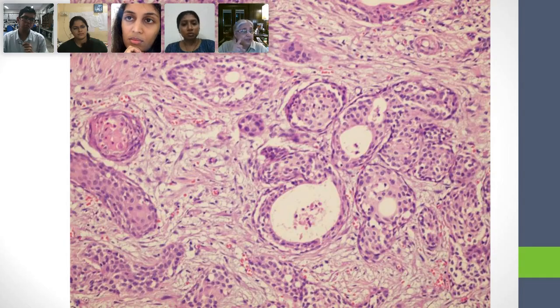Are they regular or irregular? Because if it is regular, what does it mean? What does regularity in cribriform spaces mean? Malignant. That's right. So regularity, which normally means benign in many areas, in cribriform spaces means malignant.